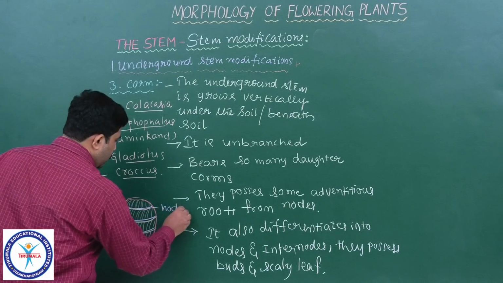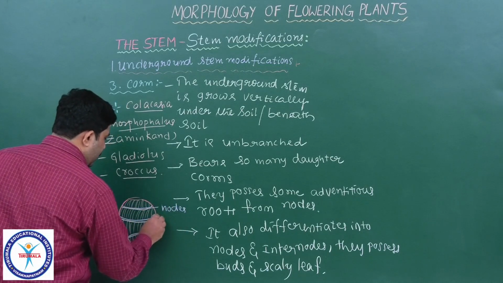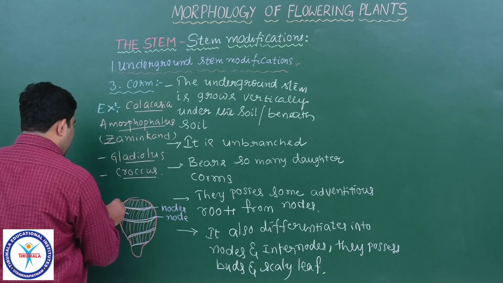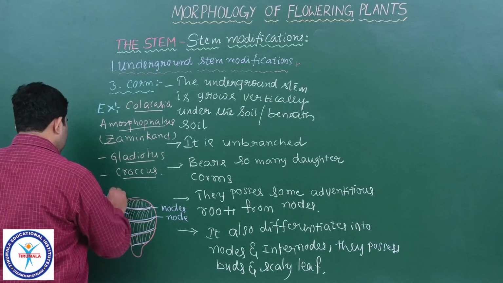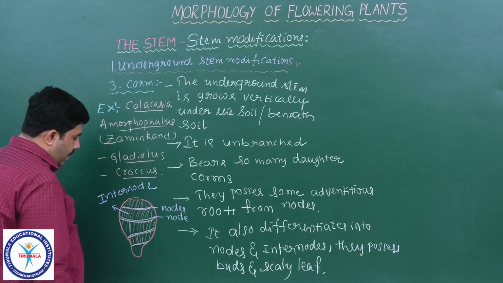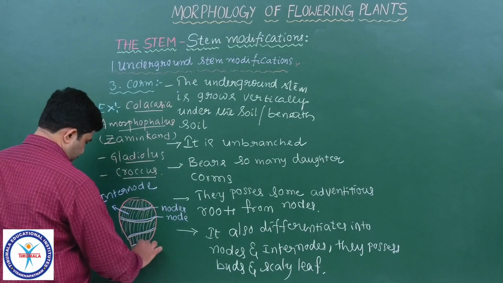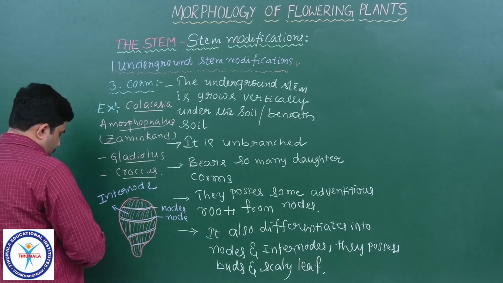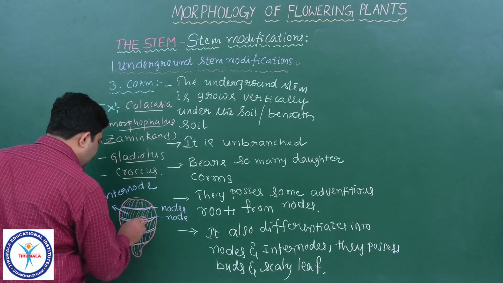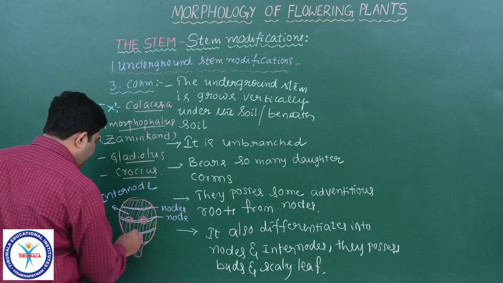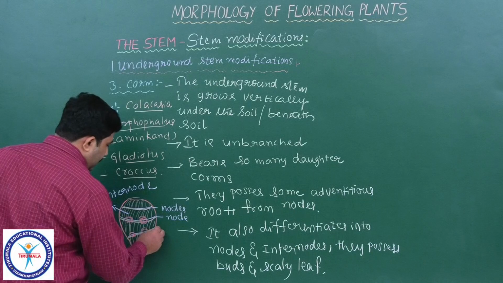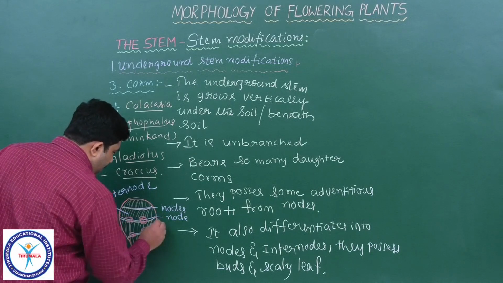Here node 1, this is node 2. The portion of the stem in between node to node is called internode. Internode. Have you got the point? From these nodes only we are expecting the development of the axillary buds, what they are developing on this particular nodal portion.